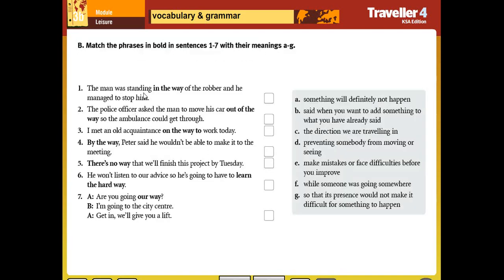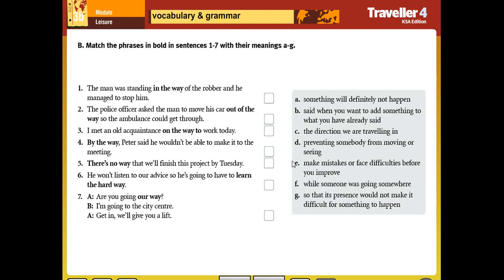The man was standing in the way of the robber and managed to stop him. He prevented the robber from moving. The robber was not able to move because the man was standing in his way. What does this mean?